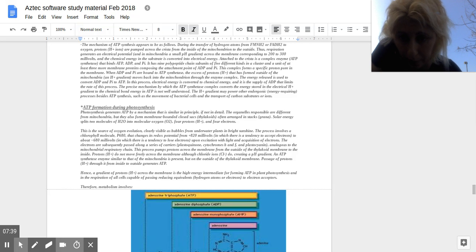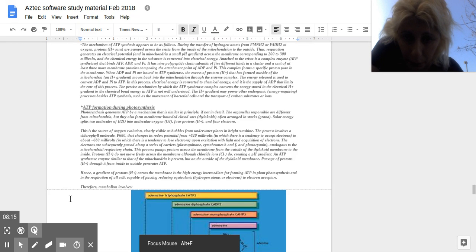So the chlorophyll molecule, upon excitation with light, goes from accepting electrons to losing electrons. The electrons are subsequently passed along a series of carriers such as plastoquinone and cytochromes B and F and plastocyanin, analogous to the mitochondrial respiratory chain.